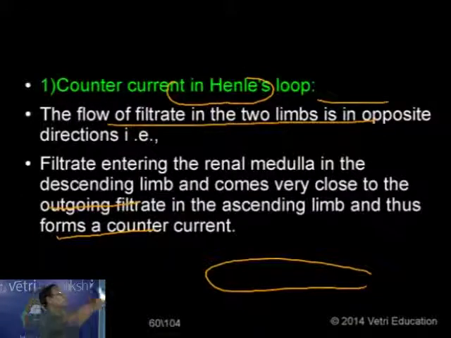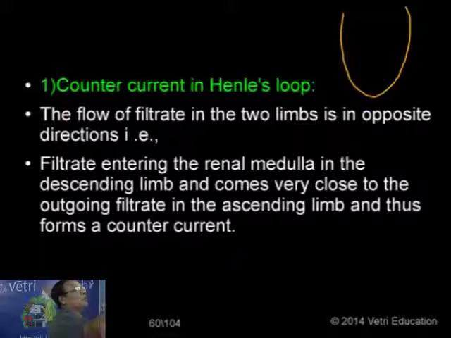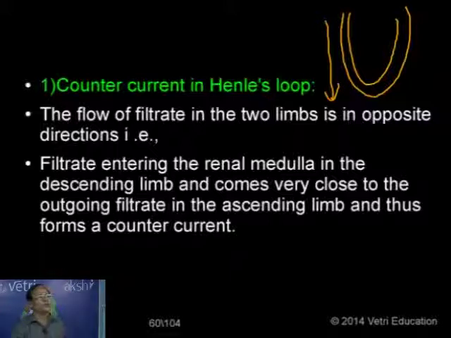Now let's take the first one, the counter current mechanism operated in Henle's loop. The Henle's loop has a descending limb and an ascending limb. In the descending limb, the filtrate is moving towards the inner medulla.